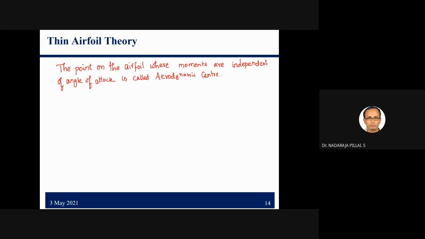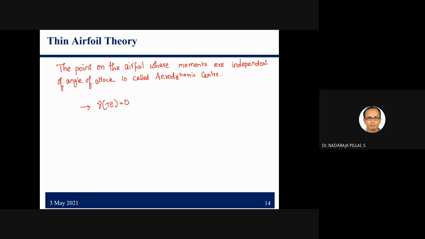So let us have a discussion. Let us summarize the thin airfoil theory, right? So to start with, the thin airfoil theory is to find a distribution of vortex sheet strength along the chord line that will make the camber line a streamline of the flow, which satisfies the Kutta condition of gamma at trailing edge equal to 0, right?